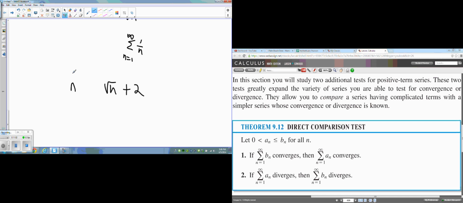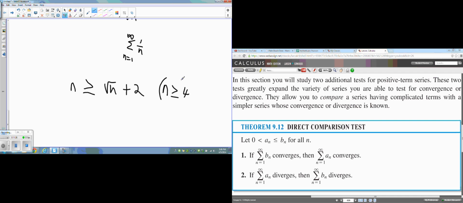And when you get to 5, this is 5 and the right side is the square root of 5 plus 2, which actually makes the left-hand side larger. And if it's 9, for instance, the left-hand side will be 9, and the right-hand side will be the square root of 9, which is 3, plus 2, so 5. So for all n greater than or equal to 4, the left-hand side is greater than or equal to the right-hand side.